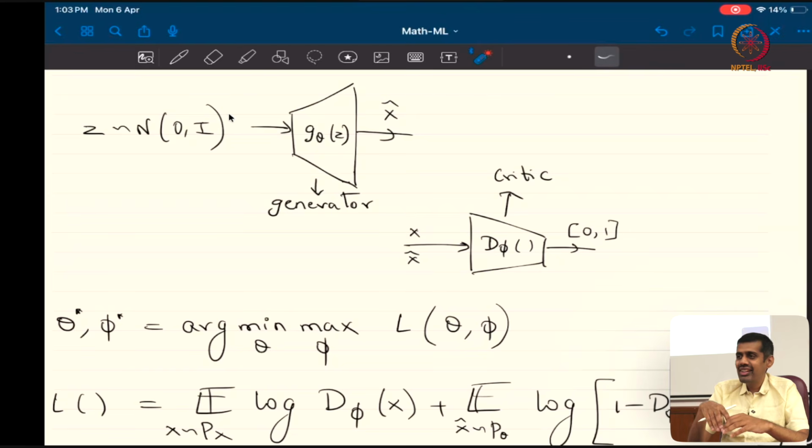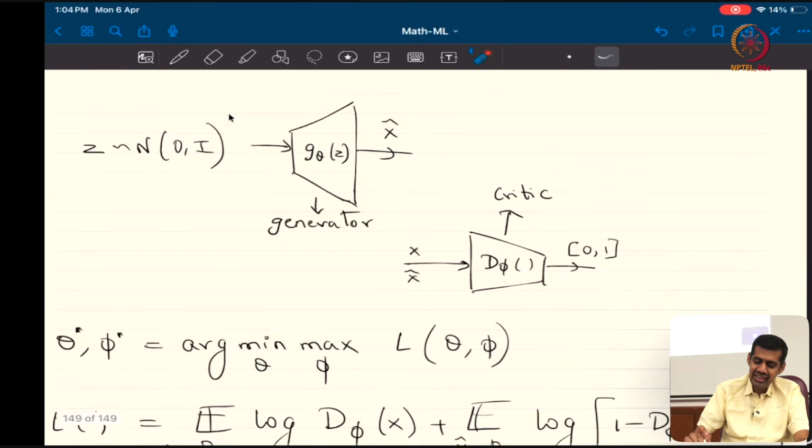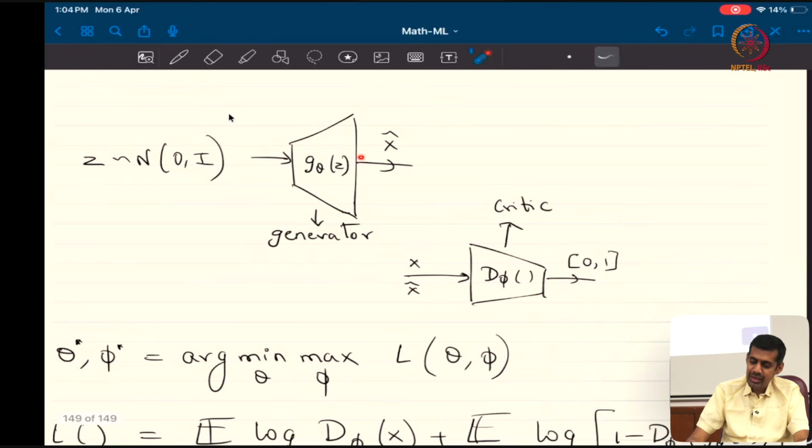If you want a folklore way of looking at it, this discriminator is trying to fool the generator and the generator is trying to fool the discriminator, because this loss function can be seen as maximizing the probability that this discriminator finds out whether the data is coming from the true distribution or the so called fake or generated distribution, and this generator is trying to undo what this discriminator is trying to do. People tell you this story that, look at this, this x cap is coming.